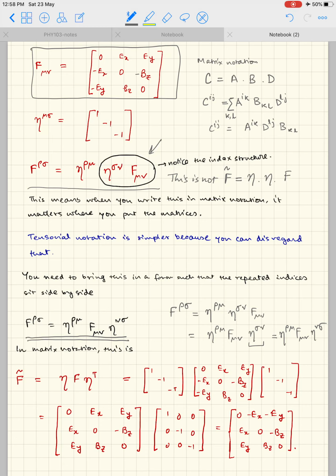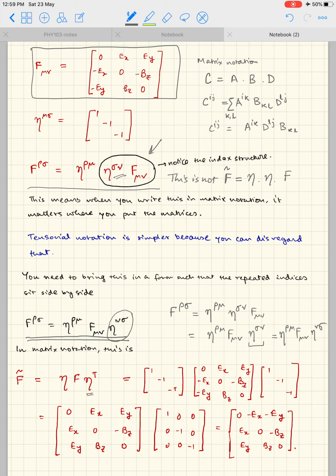So the proper way to write this is F tilde, I'll just call the upstairs indices with this tilde here, is eta F eta transpose, because you see this is a mu, this is a nu, and nu sigma on top, and you started off with sigma nu. So you need to flip this around as well. That's why you get this transpose here.